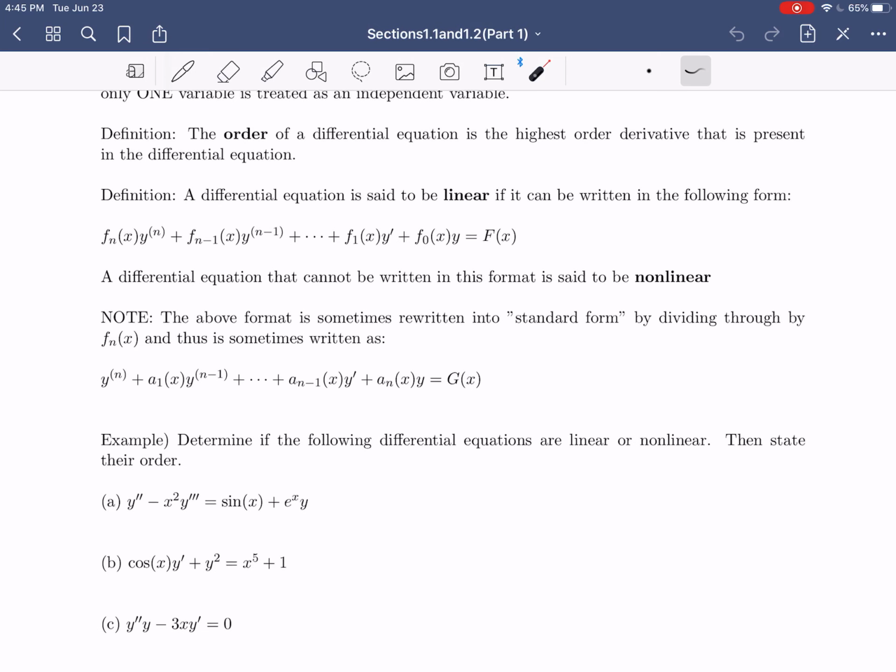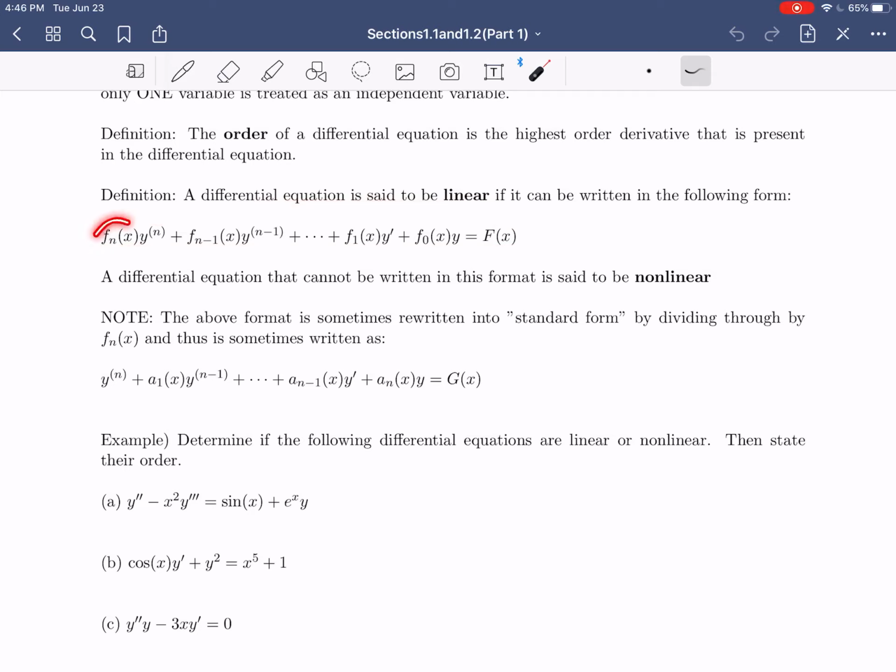One quick note here, not going to be super important just yet, but when we actually start to get into computationally how to solve differential equations, it is somewhat useful. This is one way of understanding linear as a definition. There is sometimes what is referenced as standard form. It's similar to the idea of putting a polynomial in a form with a leading coefficient of 1. It basically says, yep, this form is totally fine, but it's a little bit messy to have this in front.